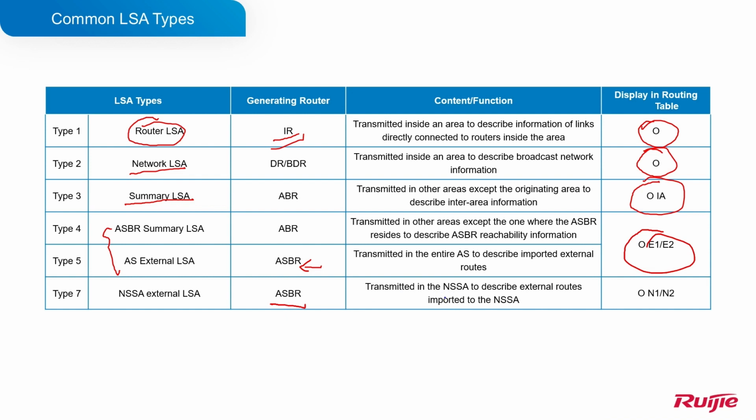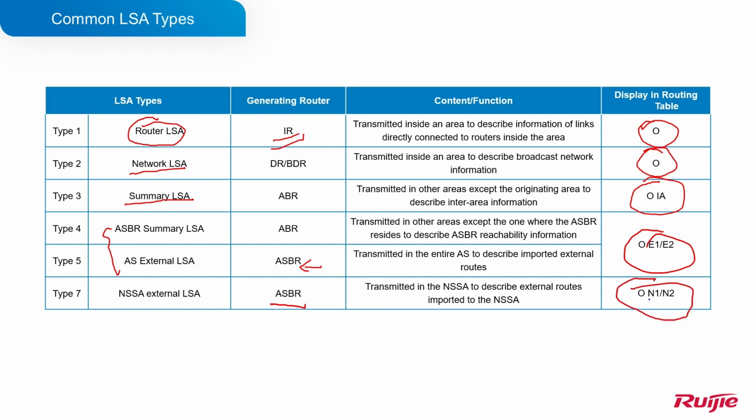So for the type 7 LSA information, if we want to transmit it to another area, how to do that? Now we will translate the type 7 LSA information to become the type 5 LSA information. So the type 7 LSA information can only be transmitted in an NSSA area. Okay, so we have to remember this.